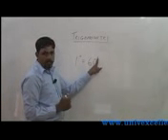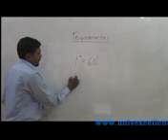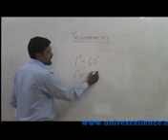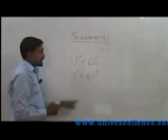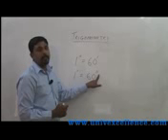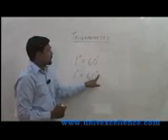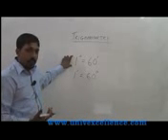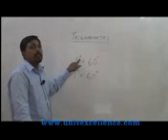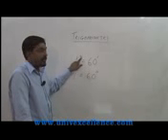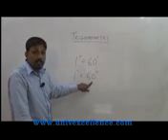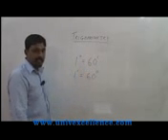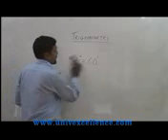Minutes is denoted by a single dash, and 1 minute is equal to 60 seconds. Seconds is denoted by a double dash. Right? So whenever you are asked to convert radian measure into degree measure, we have to convert into degree measure with their subunits, that is minutes and seconds. Let's see one example based on this.